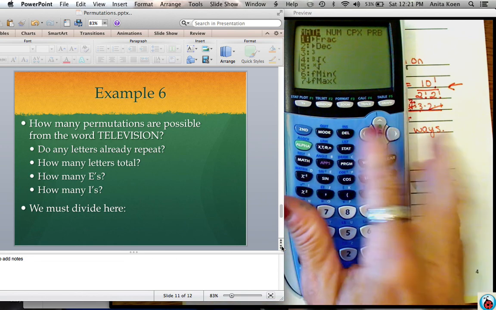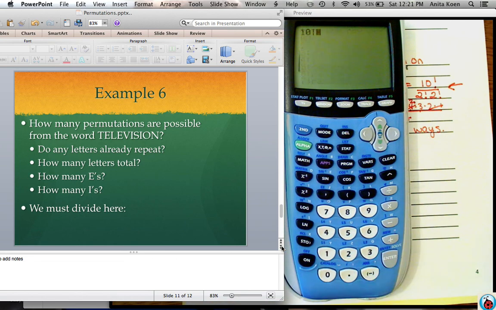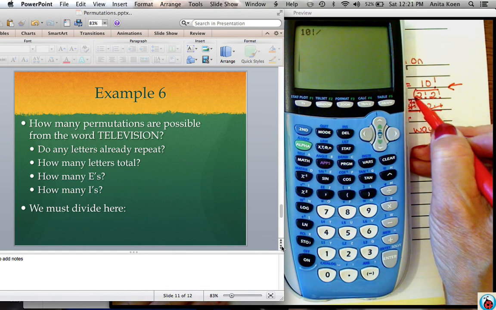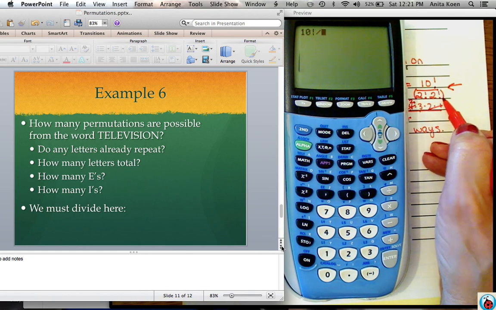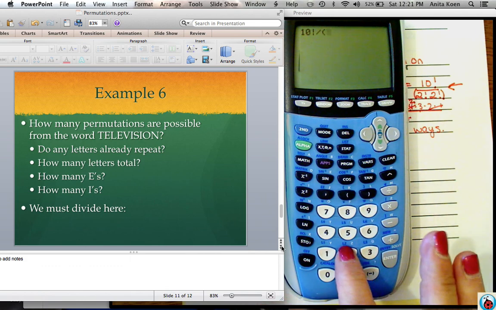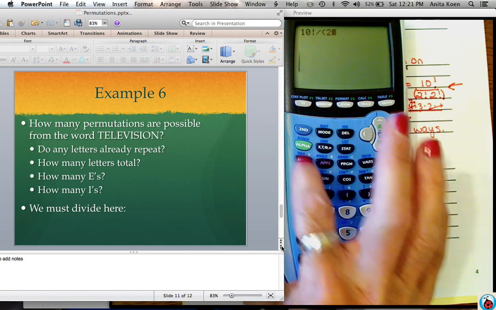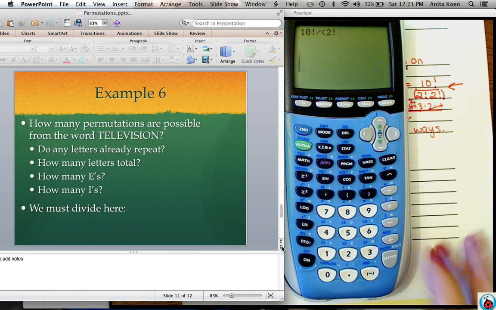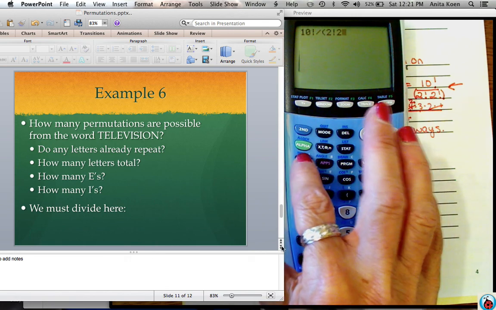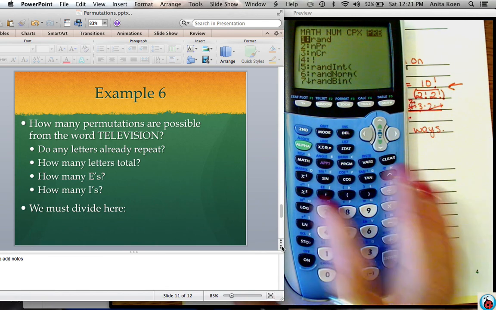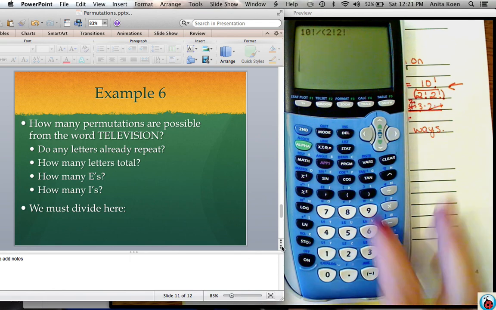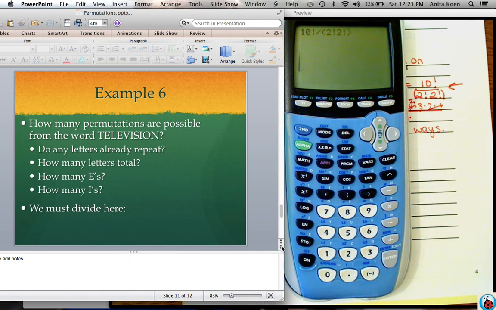Remember, it's math over to probability, number 4, divided by, now I'm going to remember that if I do this in the calculator all at one time, that I have to put the bottom factorials into parentheses, times 2 factorial, 4, close my parentheses, and I should get exactly the same number that I had before, 907,200 ways.